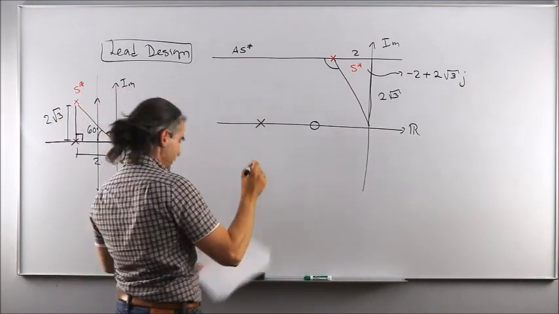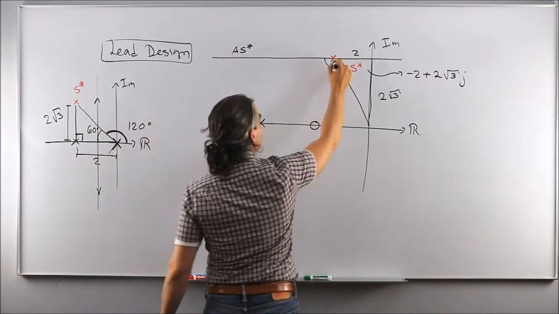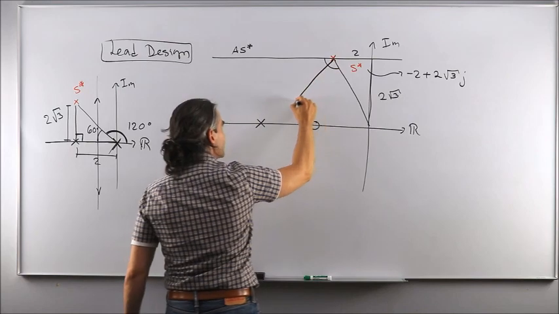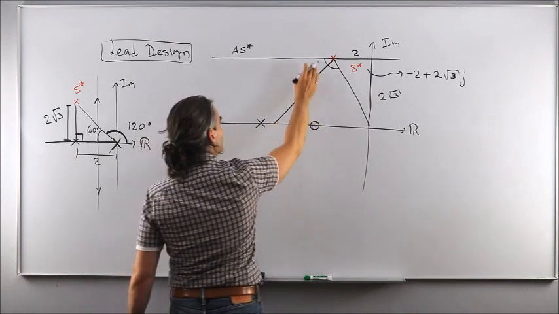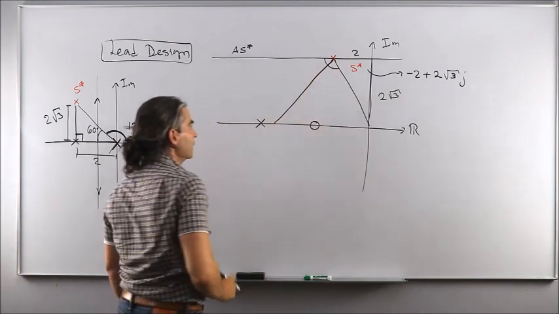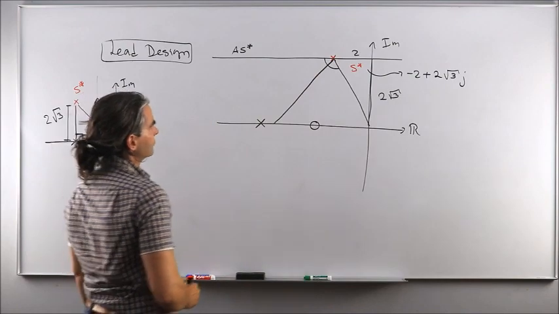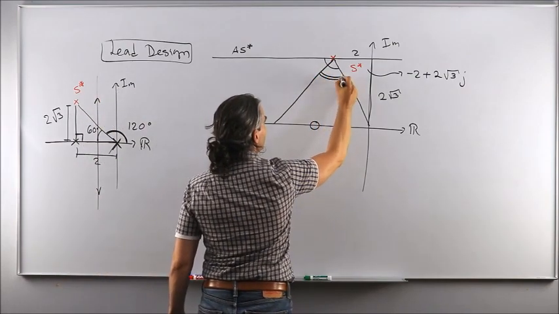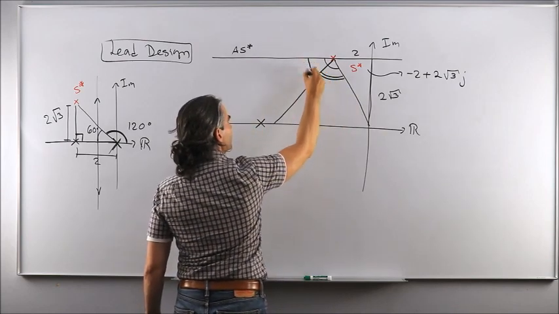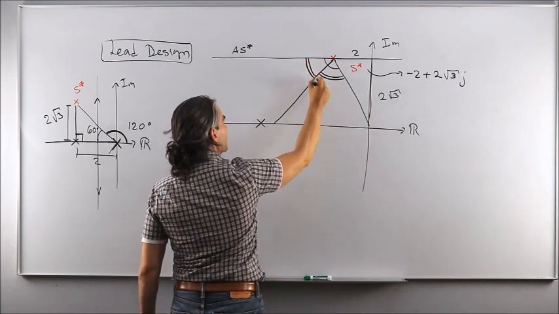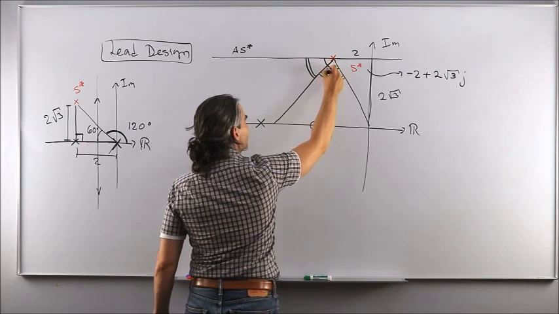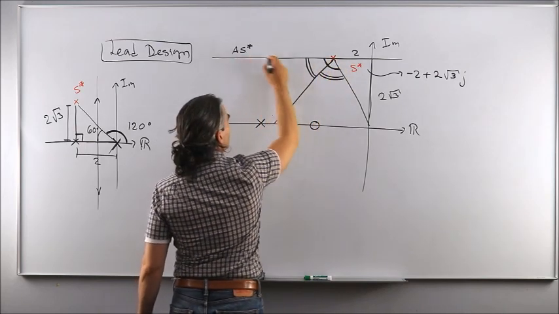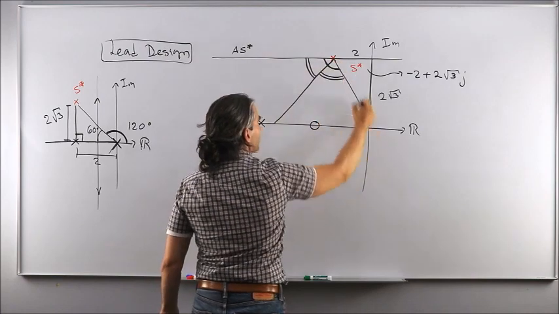So the trick next is to cut this angle here in half and draw a line that separates this angle in exactly 2 equal parts. Okay? So I now want this angle exactly the same as this angle, and that was half of this total angle from A S star to the origin like that.